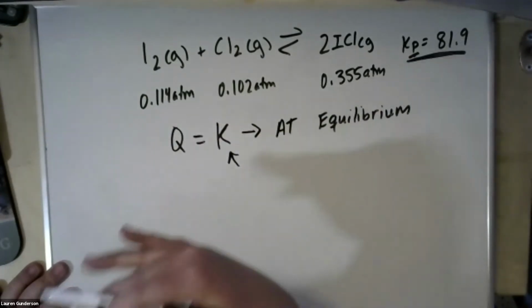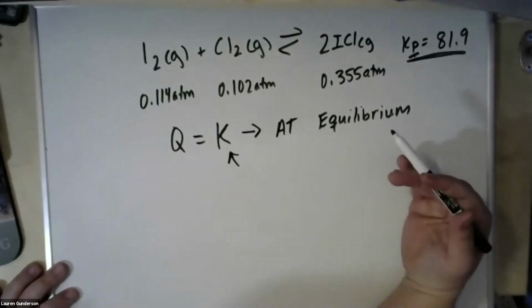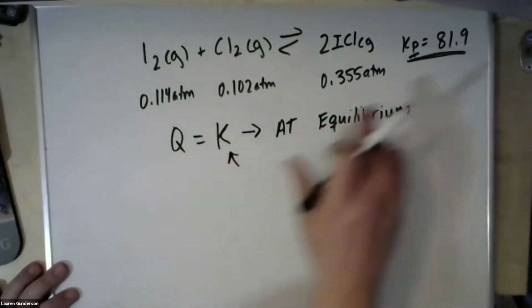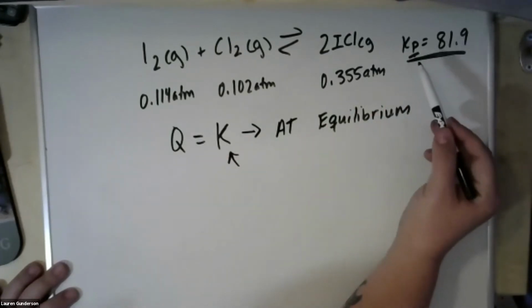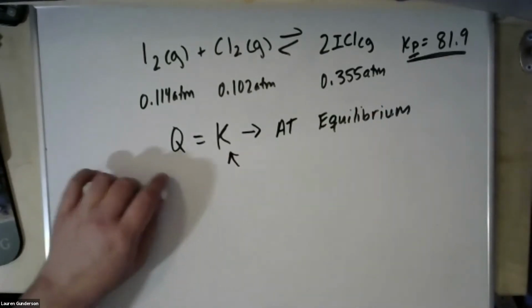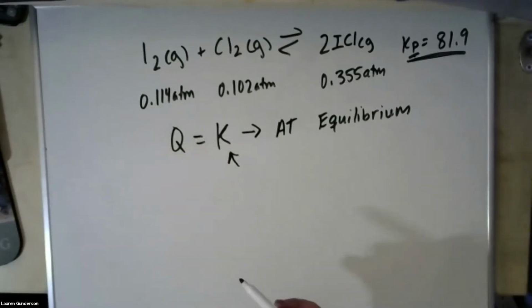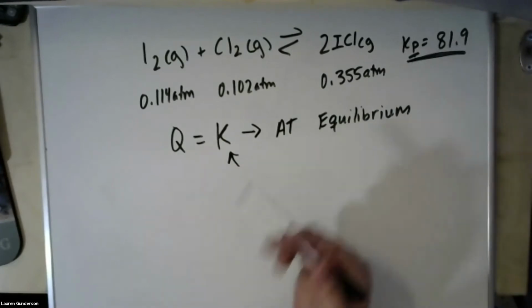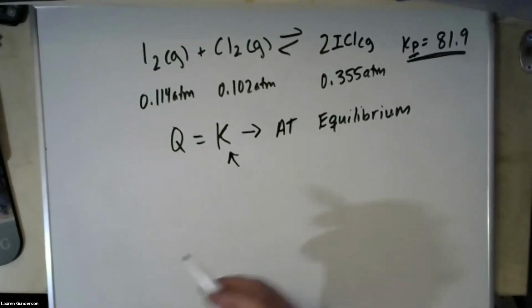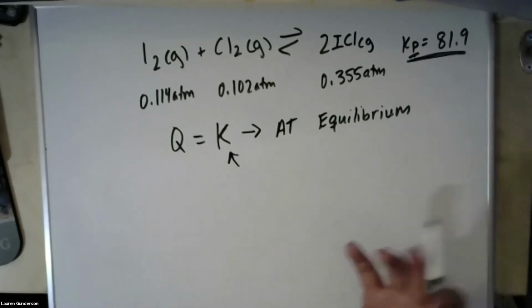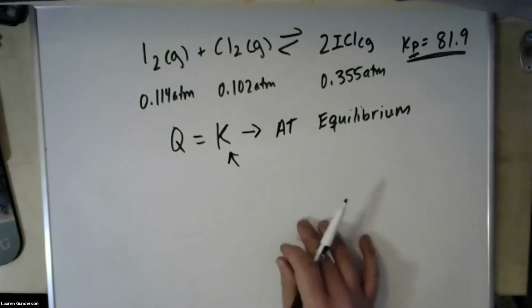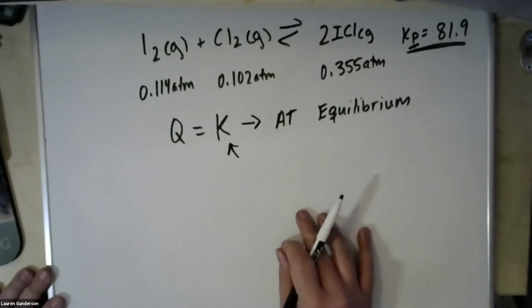When we're looking at concentrations, we're looking at Kc. Now, when you're looking at Kp, you're going to use the Qp expression to compare it to. But it doesn't really matter what the little subscript is after the K or the Q. What matters are pretty much the numbers.